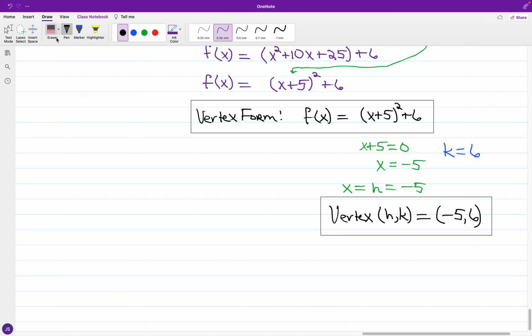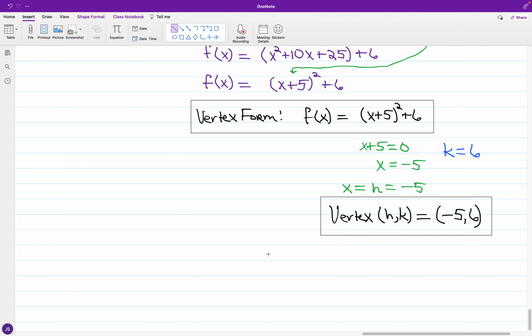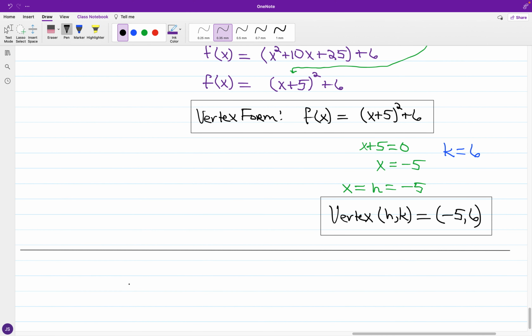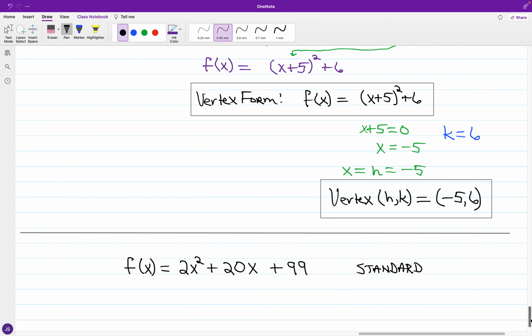Let's say we have f of x is equal to 2x squared plus 20x plus 99. And I want to convert what I have to the vertex form.